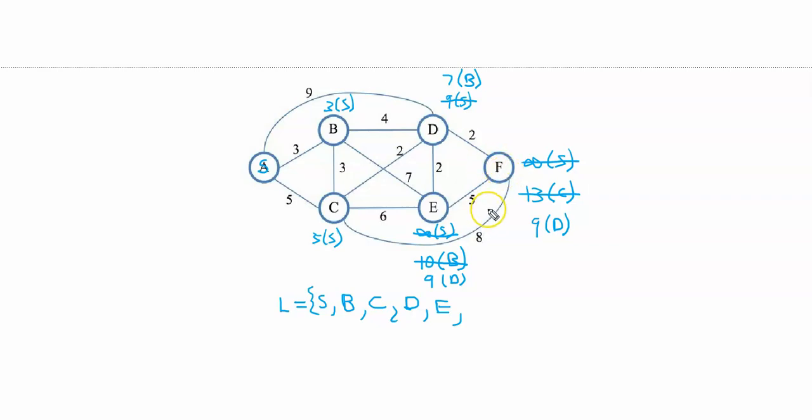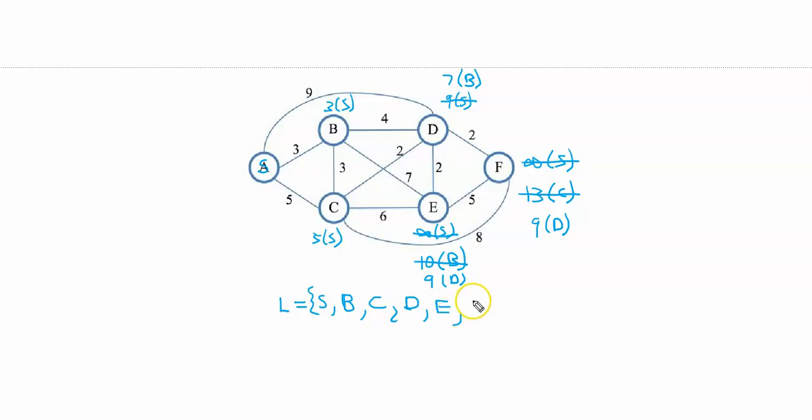So if I go 5 plus 9, that's 14. That is not smaller than this 9, so I don't want to update this 9. I don't want to update it with 14E because that would be bigger than 9, so I leave it as 9D.